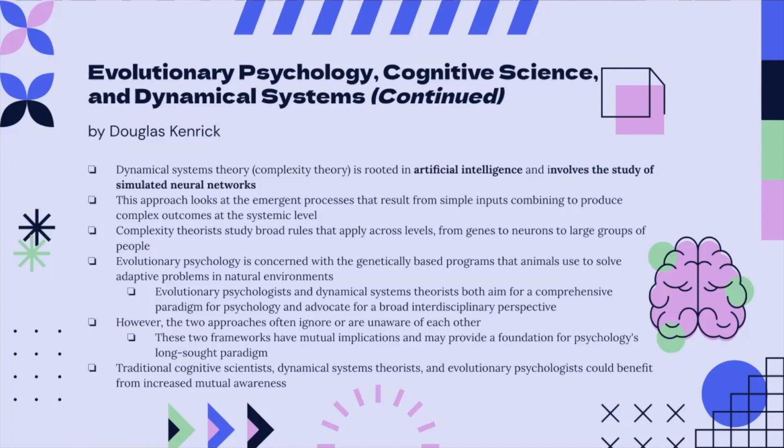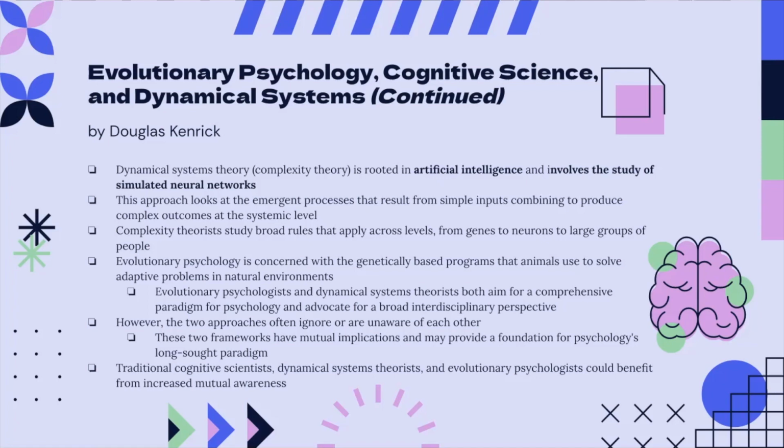However, the two approaches that are mainly looked at when we look at computer or simulated neural networks are evolutionary psychology and dynamical systems. But these two approaches can often be unaware of each other, and they have mutual implications, which again blurs the foundation for a paradigm that could be worked together to come to a concrete understanding.